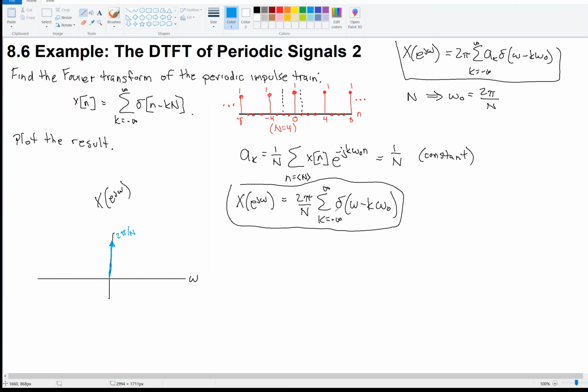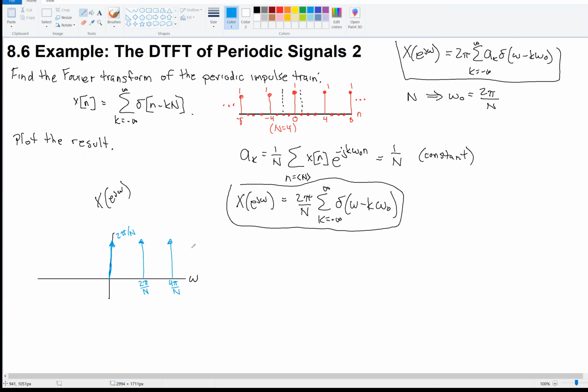Added to our plot is 2 pi over n times an impulse of omega minus 1 times 2 pi over n. So that's an impulse that has been shifted to the right by 2 pi over n, also scaled by 2 pi over n. The k equals 2 term would be shifted by twice 2 pi over n, so that would be over here, 4 pi over n.